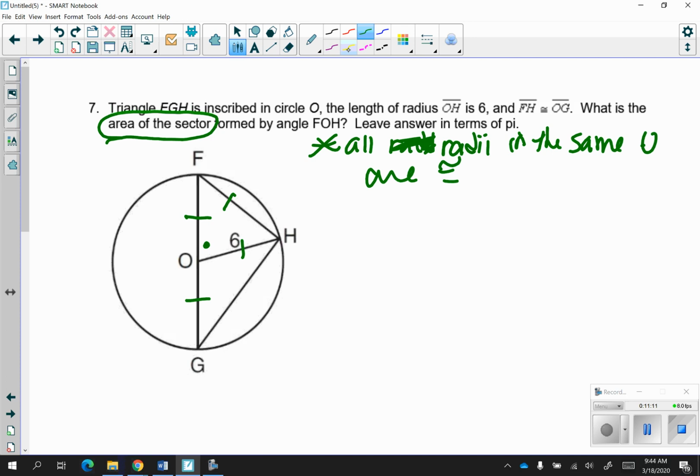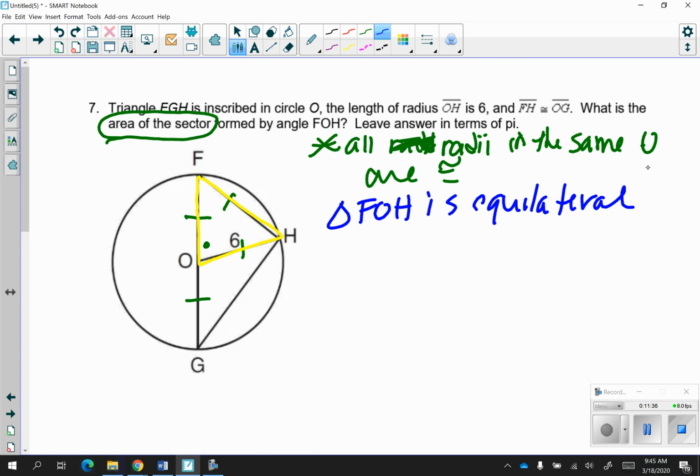Look at this triangle. What type of triangle is FOH? Did you say equilateral? If you did, you are correct. So therefore, triangle FOH is equilateral. And what do we know about all angles in an equilateral triangle?